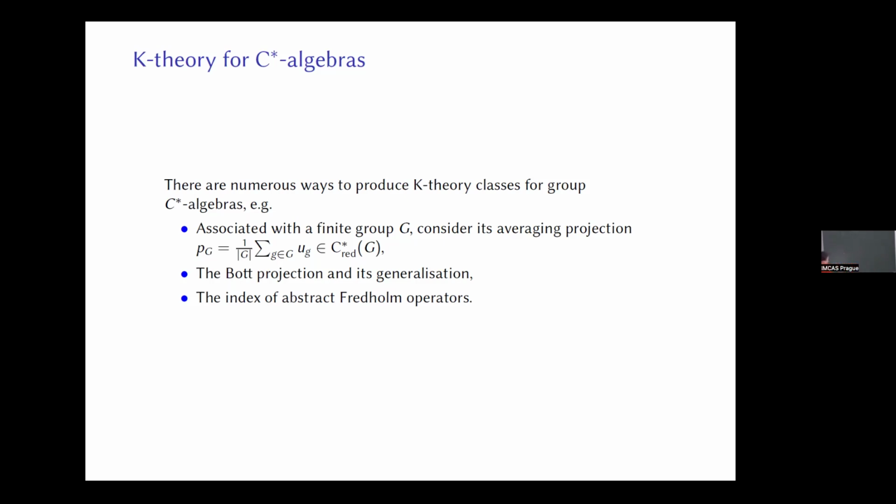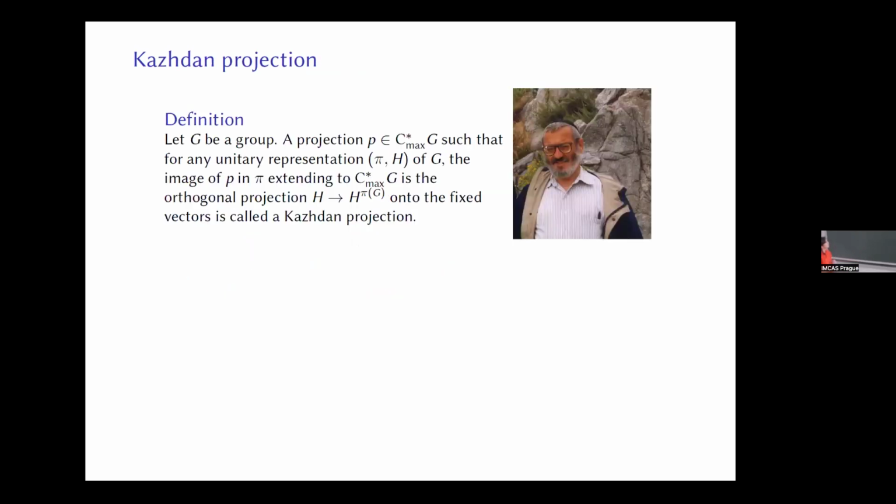And the one that I'm now going to introduce, its motivation comes from groups with property T. So let me first tell you what property T and these projections are, and then we can later talk about this generalization. Take a group. A projection inside the maximal group C-star algebra, the universal group C-star algebra of G, is a Kazhdan projection if it is of the following kind. You are given a unitary representation of G. One can extend this unitary representation from the level of the group to the level of the C-star algebra.